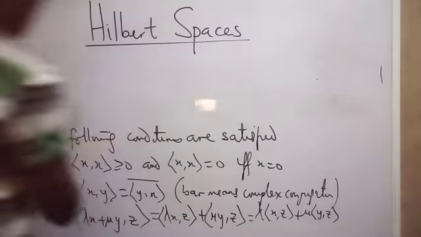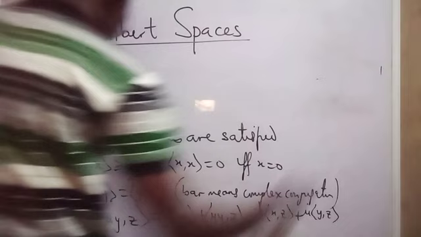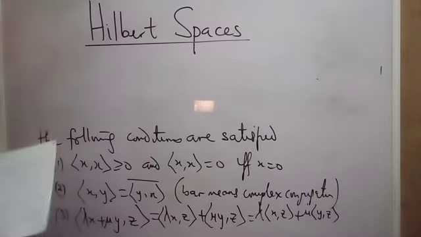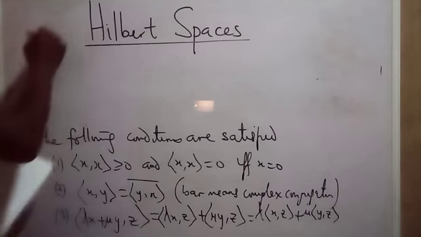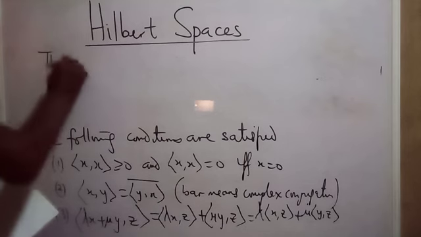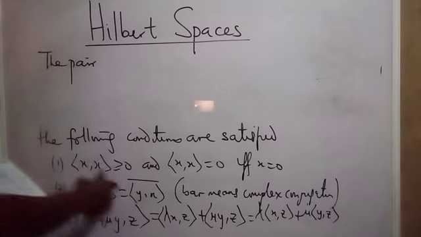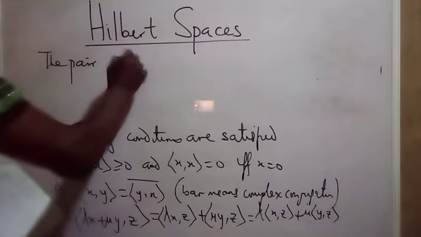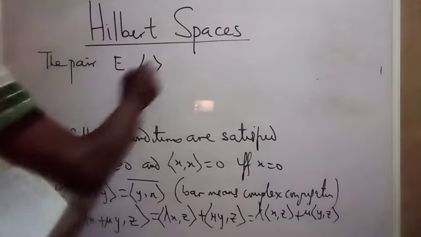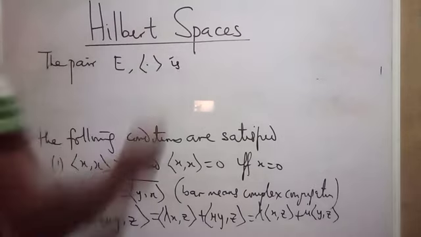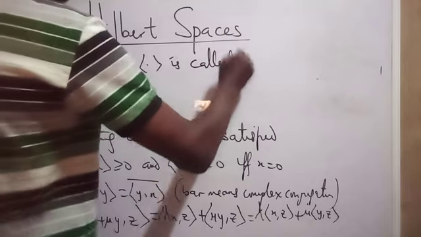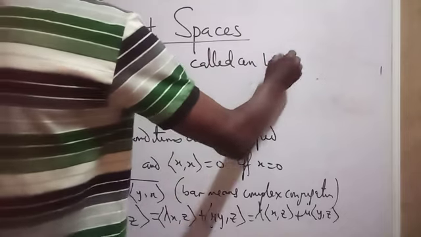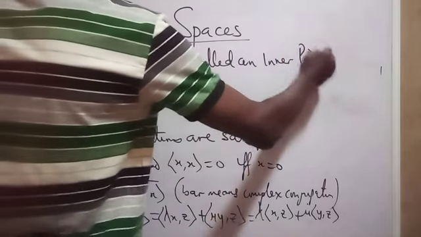So the pair from here now, E together with the inner product, is called an inner product space.